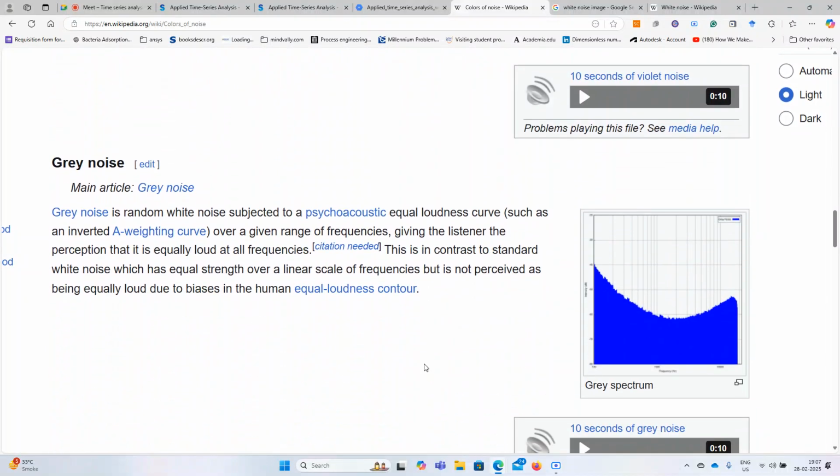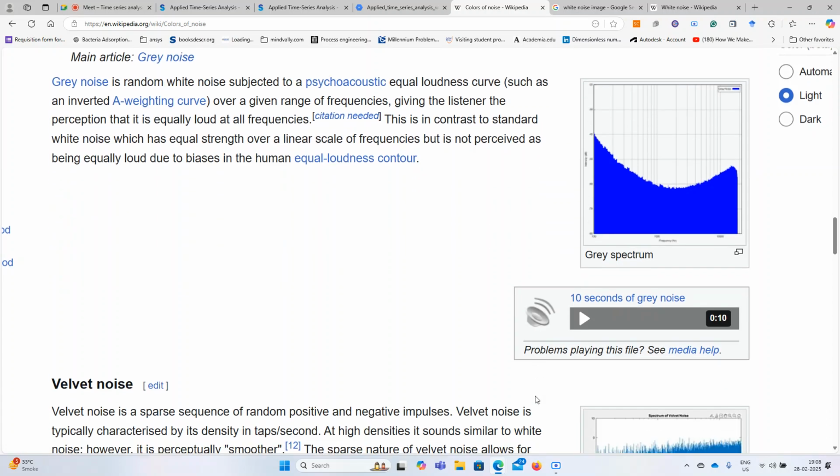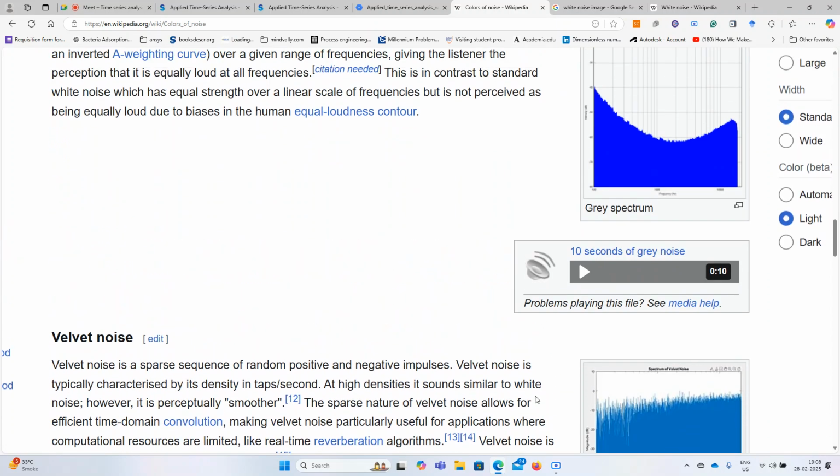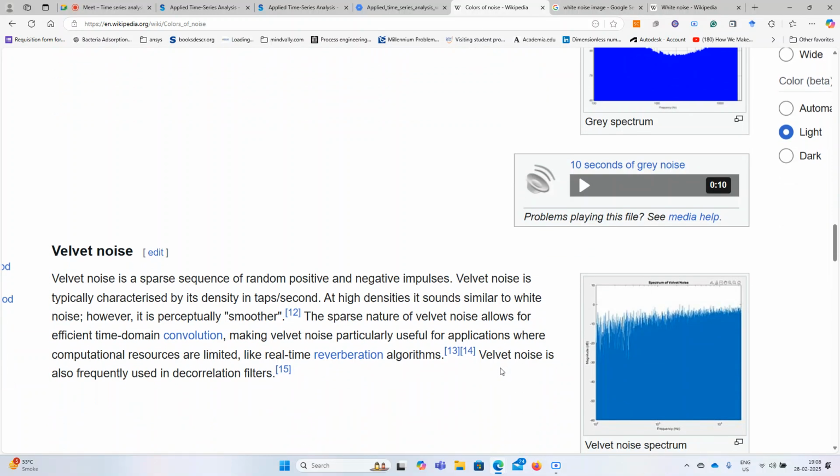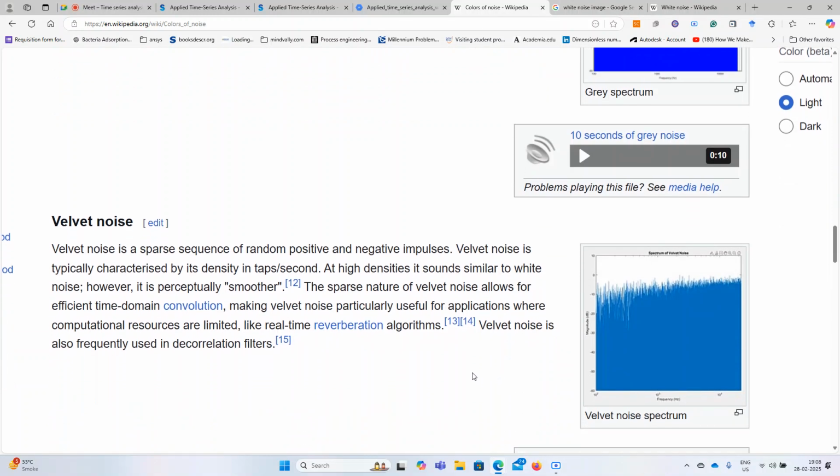Lastly, gray noise, where the downfall can be adjusted. So this noise can be corrected. And lastly, the velvet noise. Velvet noise is sort of a reverberation.